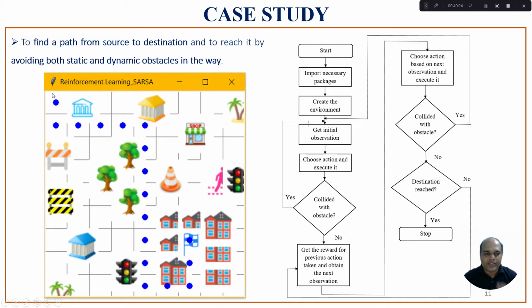So 0, 0 is this position, and 0, 360 is this point. Right? So we draw a line.